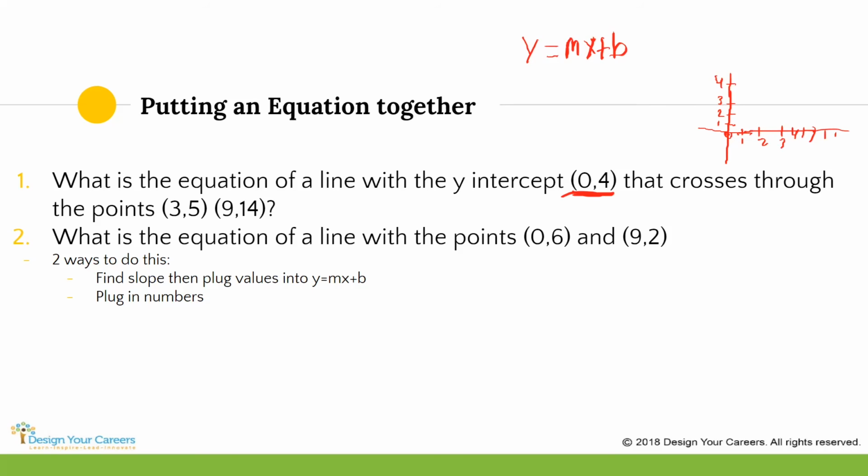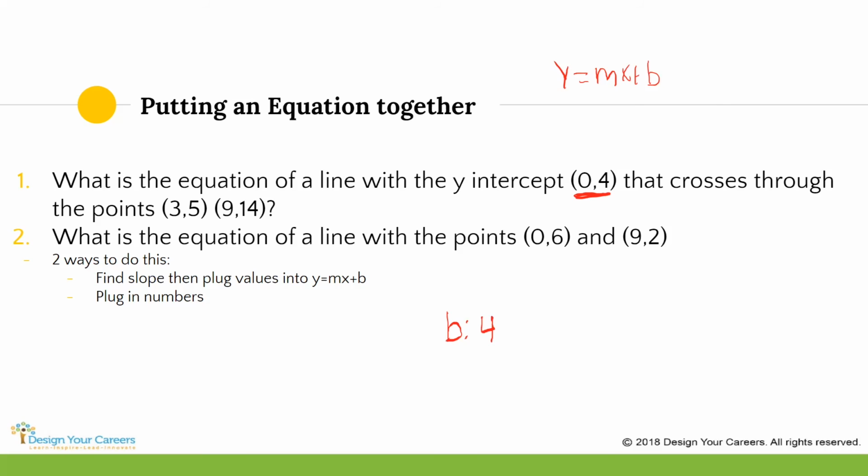When we go up 4, we notice that this point right over here, that is our y-intercept, this 4 value. Anytime that we have an x as 0, that will always be your y-intercept, all right? So again, our equation is y is equal to mx plus b. Okay, so we know that in this, our b value, our y-intercept in that first question is 4, all right? That's our b value.